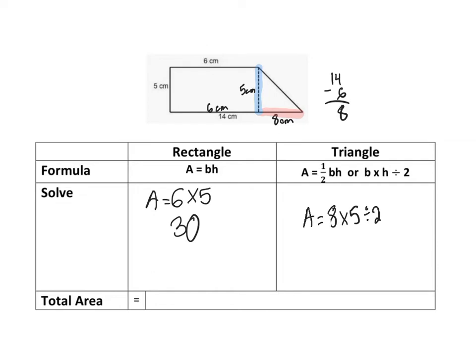So, starting off, we can do 8 times 5, which is 40. 40 divided by 2 is 20. So the area of the rectangle is 30. The area of the triangle is 20. We add those together. So 30 plus 20 equals 50 centimeters squared. Again, this is area, so we have to square the unit of measure.